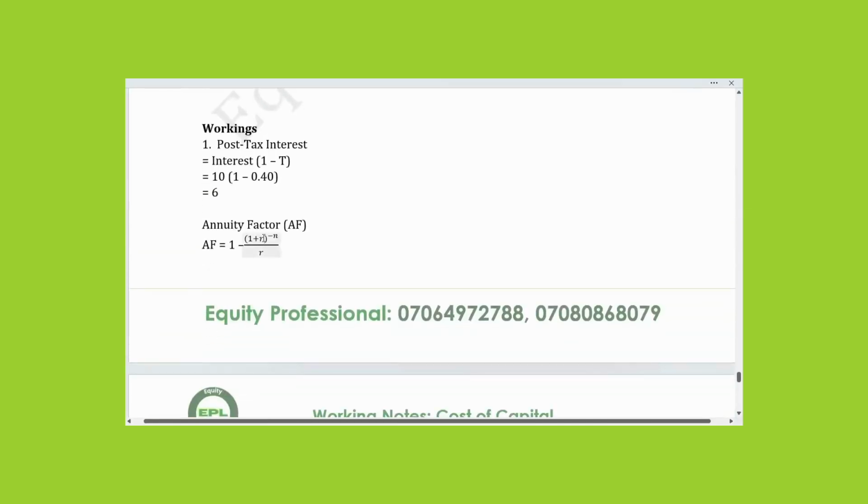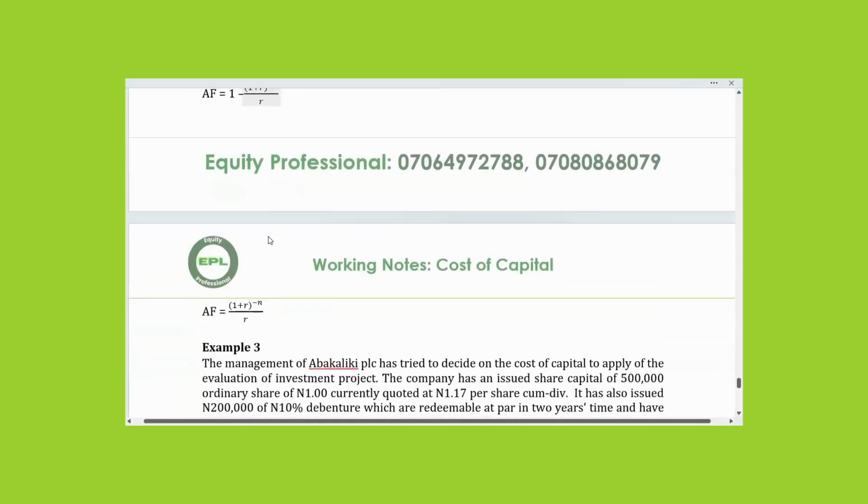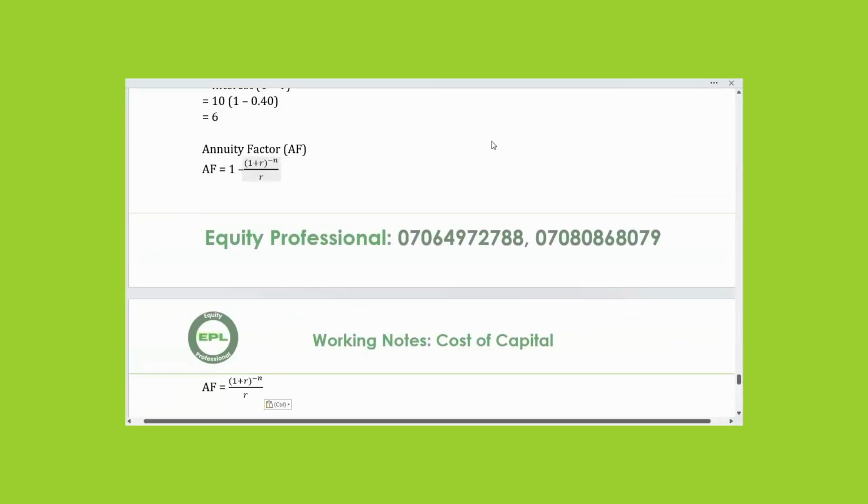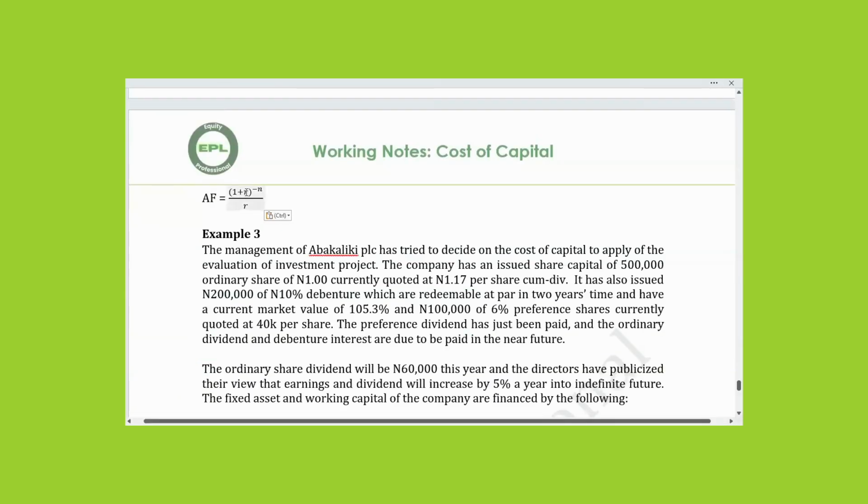So 1 plus 10% will give us 1.10. The exercise date is in 4 years' time, therefore raised to power minus 4.